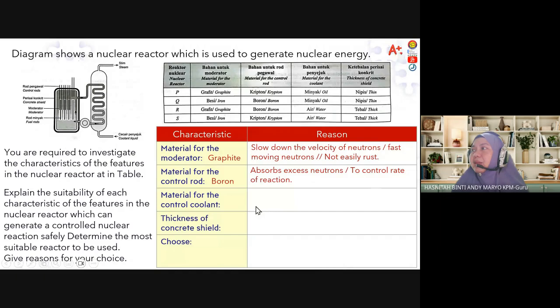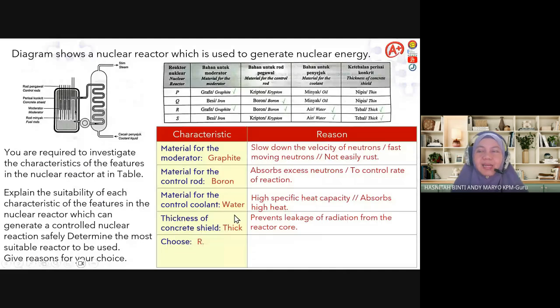Okay, material for the coolant, so we choose water due to its high specific heat capacity, or you can say it absorbs a lot of heat. Okay, and the thickness, thick. Why? To prevent leakage of radiation from the reactor core to the surrounding.